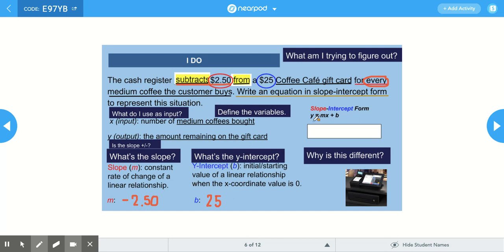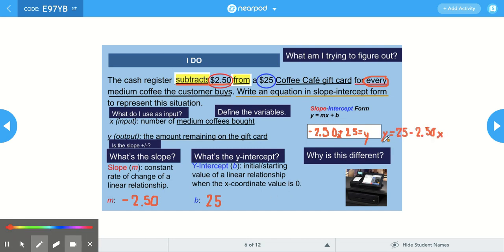There are multiple ways to write this equation. One way would be negative 2.50x plus 25 is equal to y. Since the negative $2.50 is our slope, we need to make sure our x follows it.